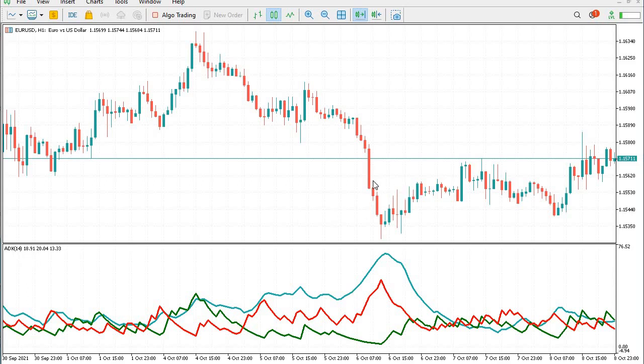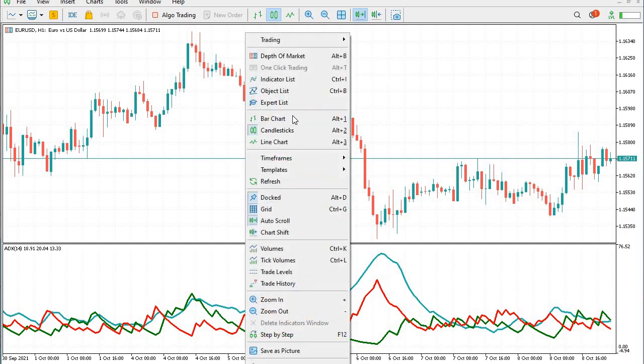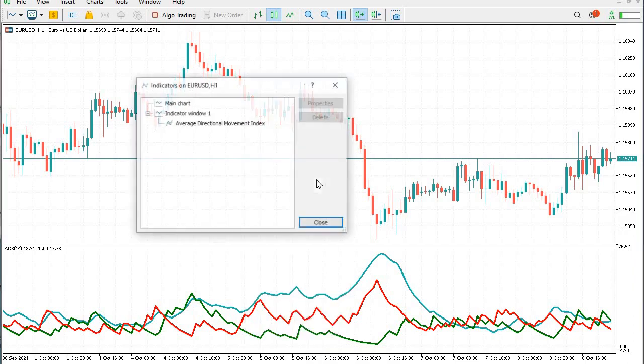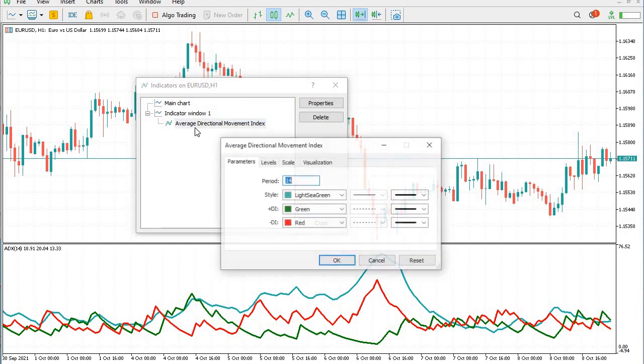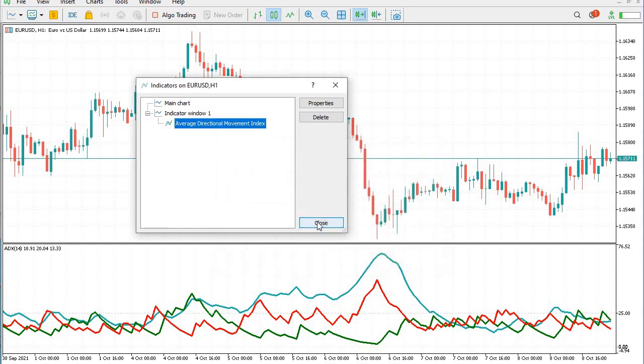So how does this indicator work? It's very simple and very basic. Let me try to add the levels. I think you can see I don't have levels here, so I'll first add 25. Yeah, I think 25 is good, and then done.